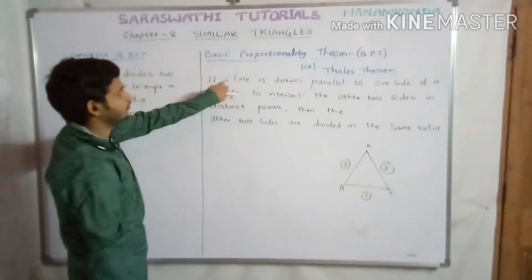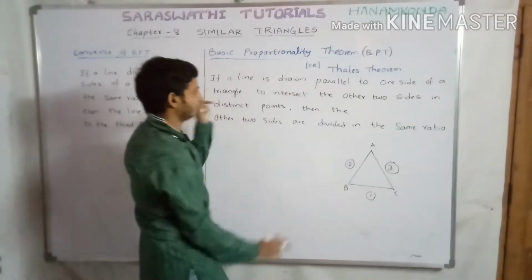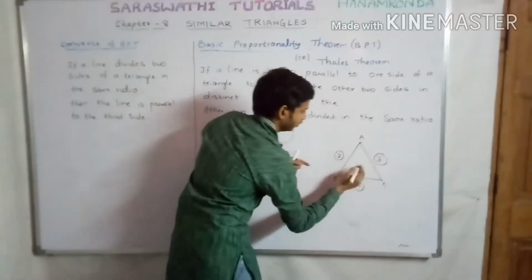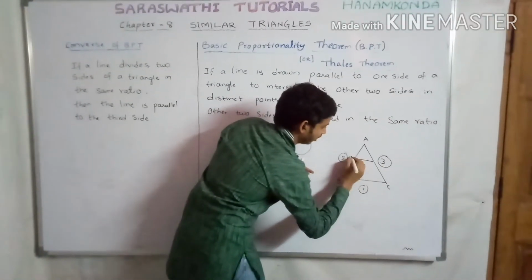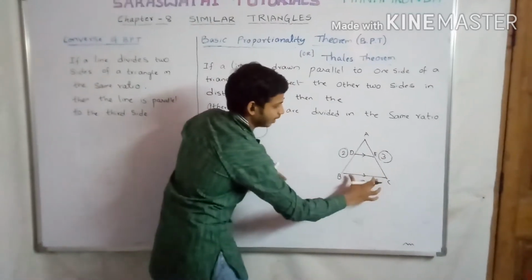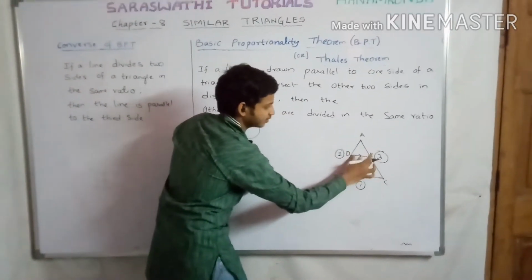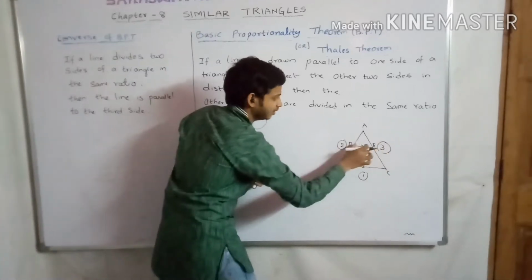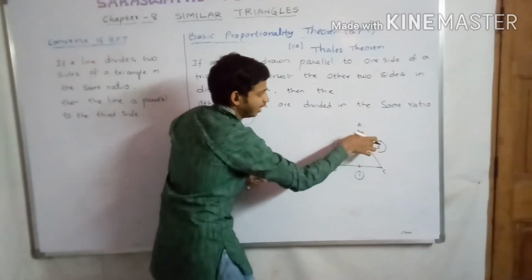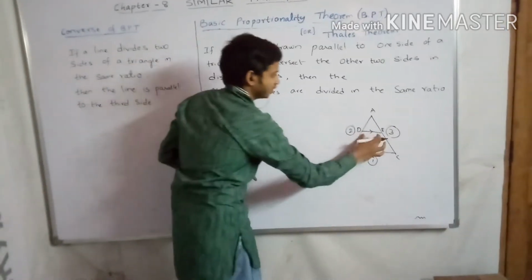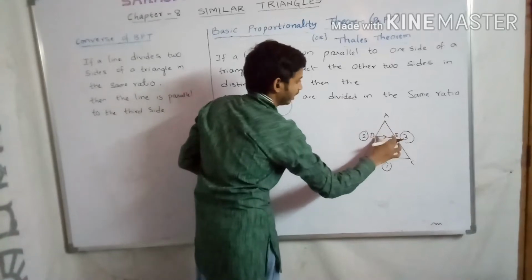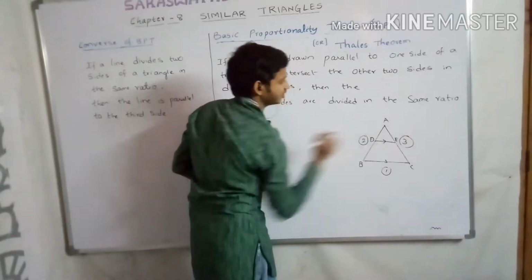The statement is, if a line is drawn parallel to one side of a triangle, this line intersects the other two sides in two distinct points. So this line intersects AB at D and AC at E. This line is parallel to the third side, and it divides the other two sides. That means this line DE divides AB and AC in the same ratio.